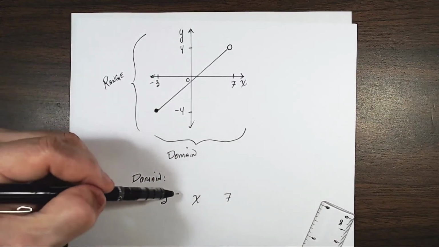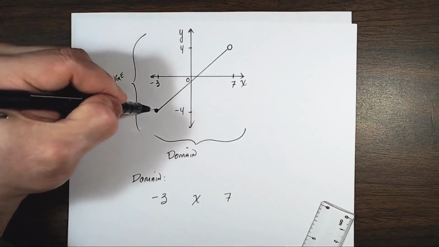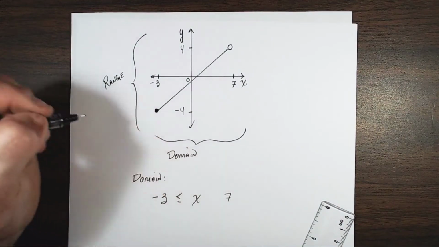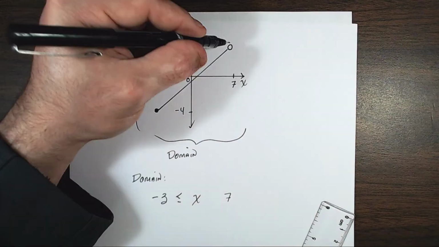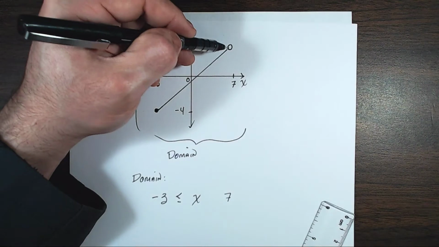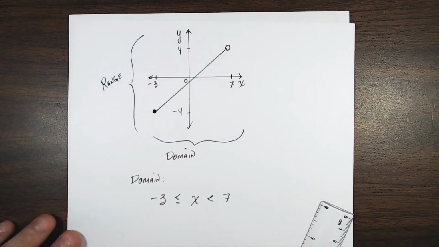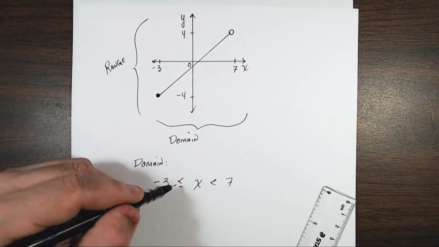The only question is, what inequality symbols do I put in here? Well, for this one, because it's circled in, it's less than or equal to. -3 is less than or equal to x. Now over here, because it's an open value, I just put less than. So that's the domain. It's important to take note of these less than or equal to and less than symbols.